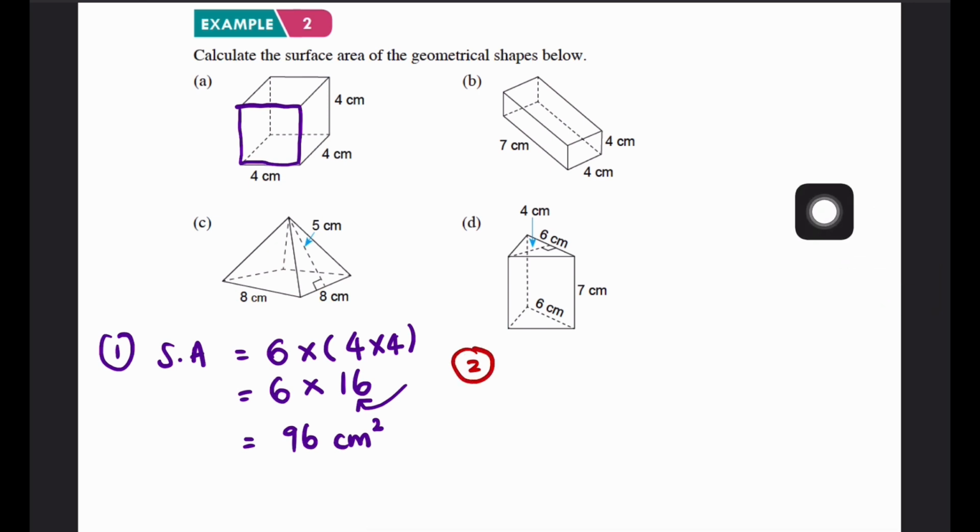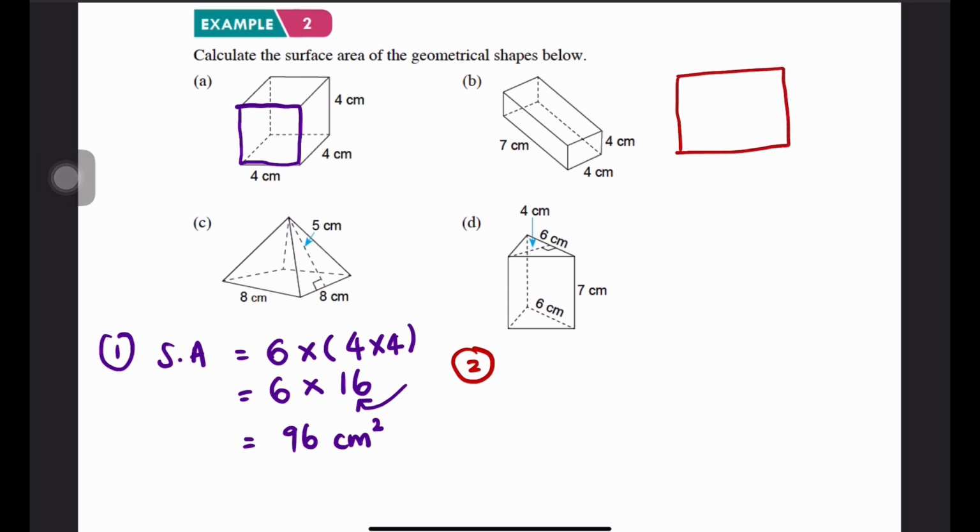Number 2, B lah. We have a, what is the name of this shape? Cuboid. We have a cuboid. So we know that the netting of a cuboid is something look like this. So you have 4, and then this is square.